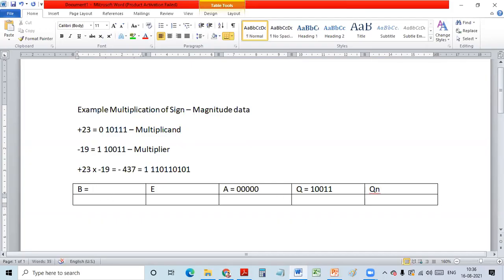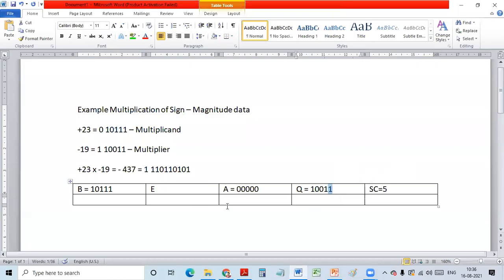B is the multiplicand, which is 10111. We require one more thing, the sequence counter. Initially, how much is the sequence counter? 5.